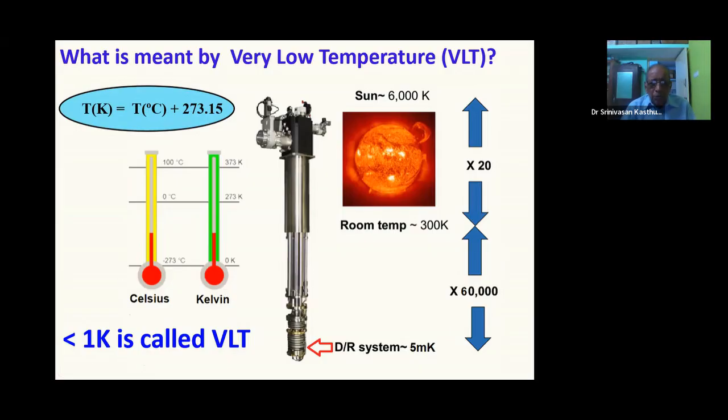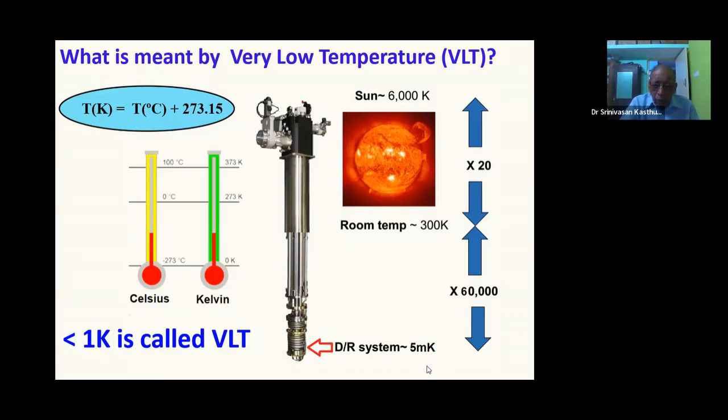Now, very low temperature actually corresponds to any temperature below 1 Kelvin. If you are able to reach temperature below 1 Kelvin, it is called very low temperatures. Now, on your right side, you see the room temperature of 300 K. You make it 20 times, then you get the sun's surface temperature, which is approximately 6,000 Kelvin.